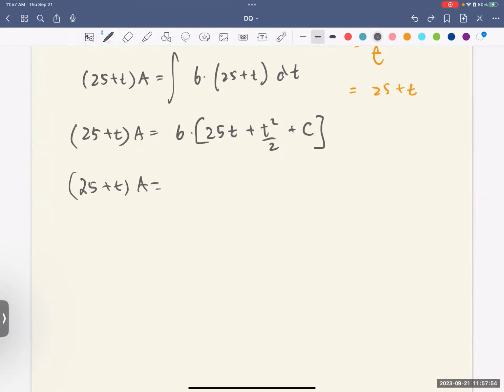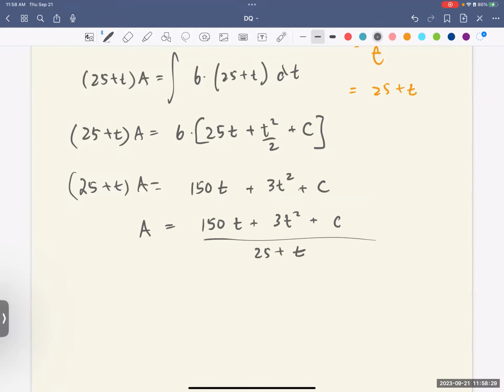So we have 25 times 6, that's 150t plus 3t squared. When you take the 6 and the 2, that gives us a 3. And the 6 times t, that's just going to give us a plus C, and now we need to divide by 25 plus t. So A is 150t plus 3t squared plus C, all divided by 25 plus t.